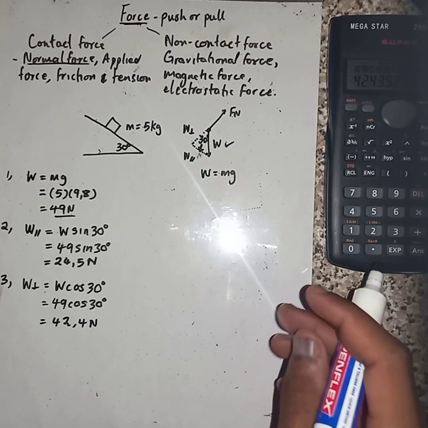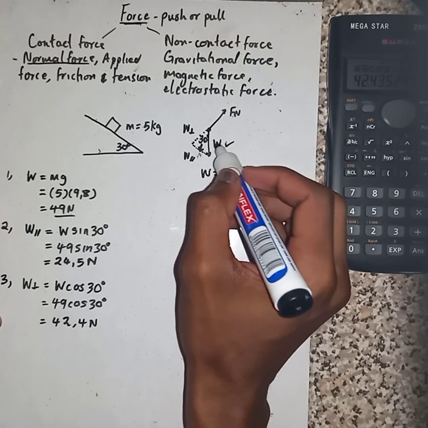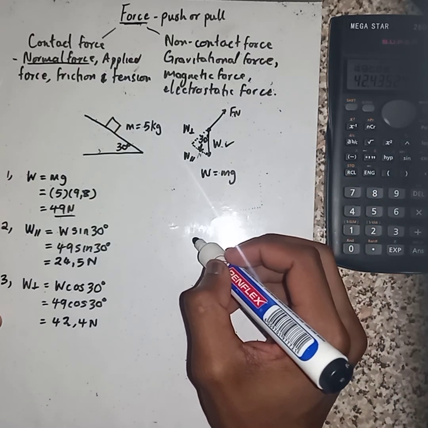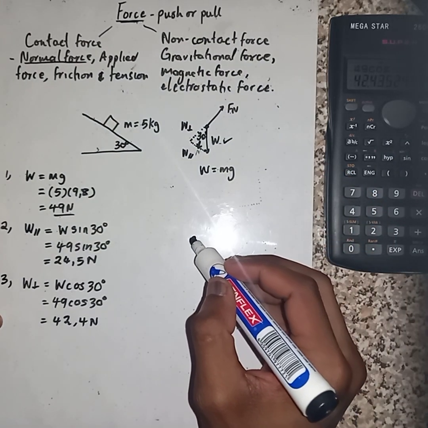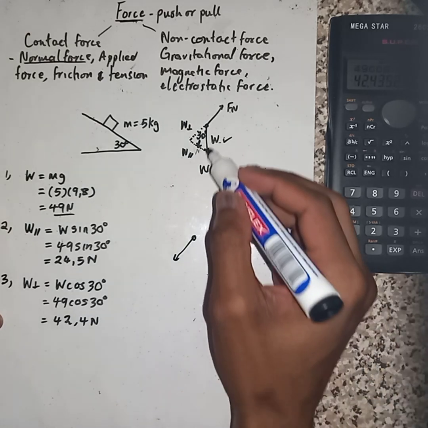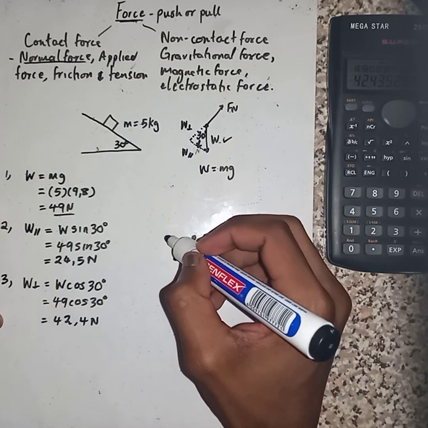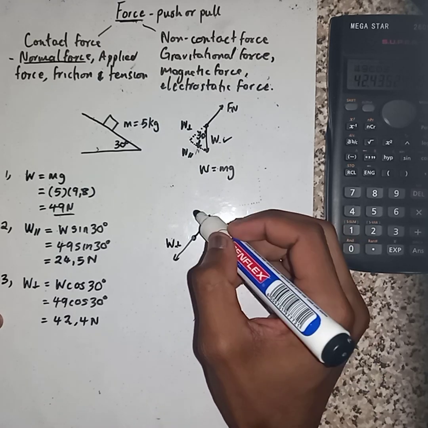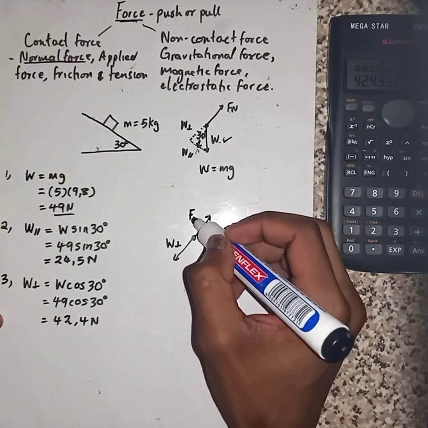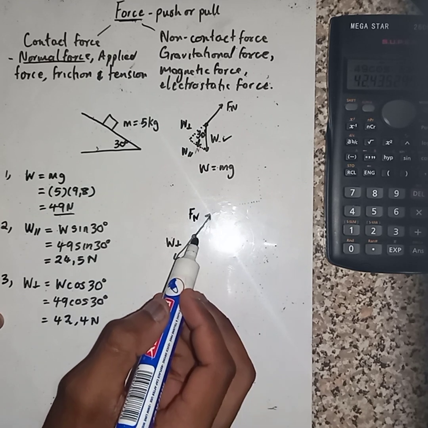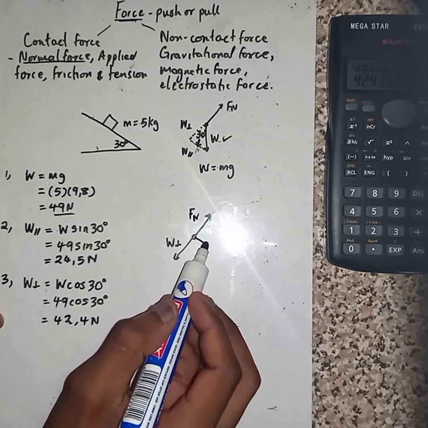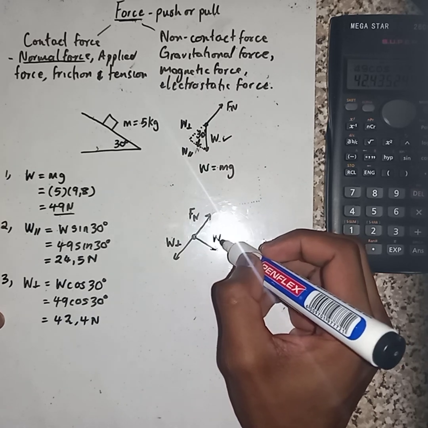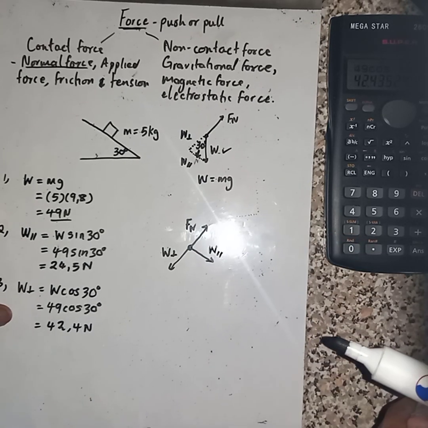Let me remove the weight from this diagram. I'd have now a diagram which is like this. If I were to remove the weight and leave out the components, I'm going to have something like this. This is going to be my normal force. Then somewhere there is going to be my W parallel.